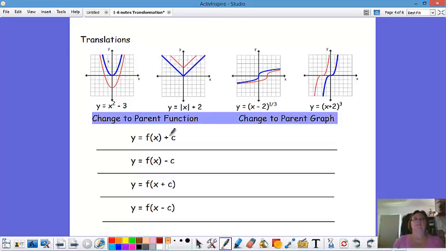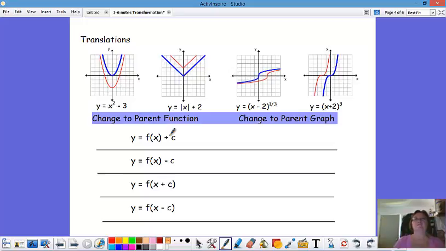I've shown again the similar thing. Parent functions are in blue here, and the transformed function, transformed by this rule, you can see that that parabola, the basic shape, instead of crossing through at the origin, crosses through 3 units below. And that happened when we subtracted a constant from the function part of it. Here we've added 2 to the absolute value function, and it's the same deal, folks.